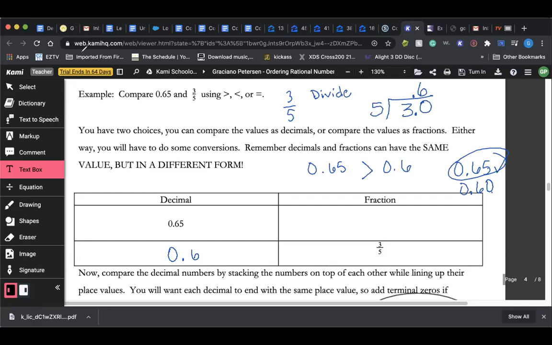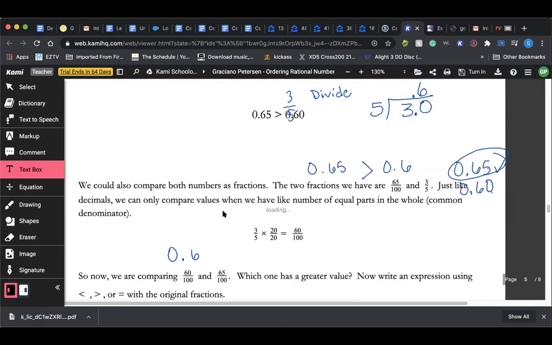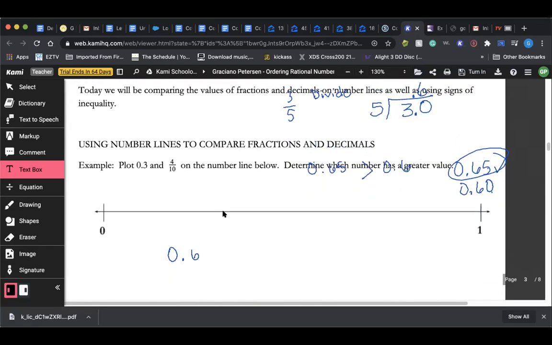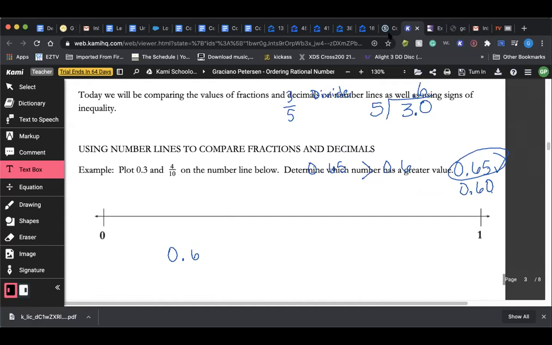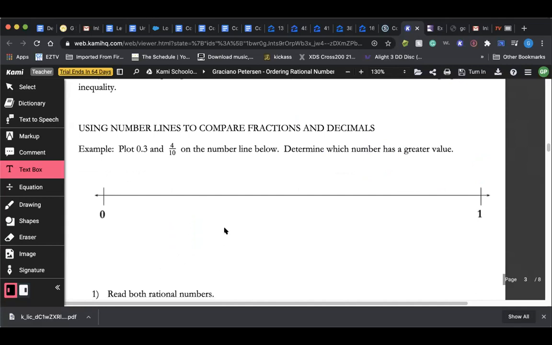Let's put it on a number line. Okay, so the question is 0.6 and 0.65. So again, we're going to find the middle of this number line.